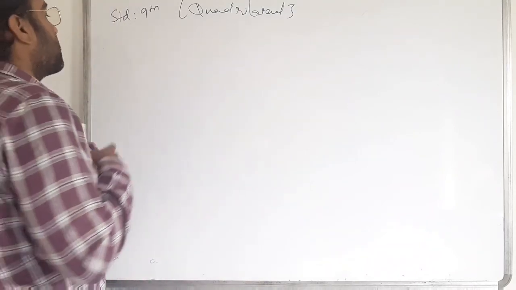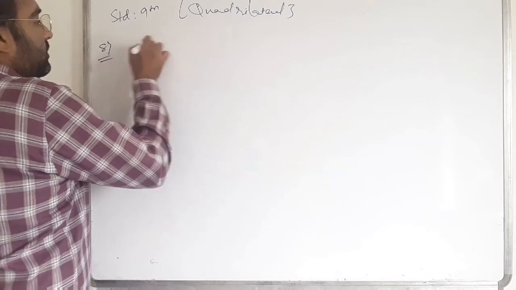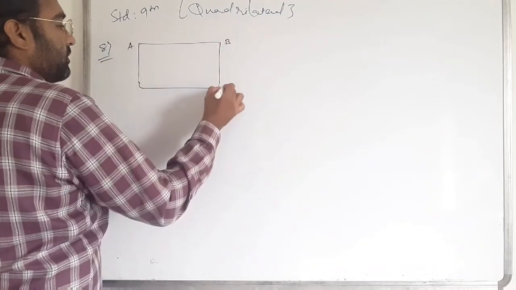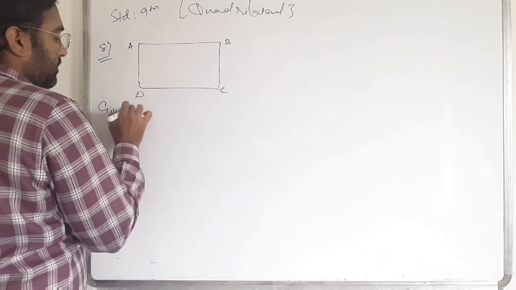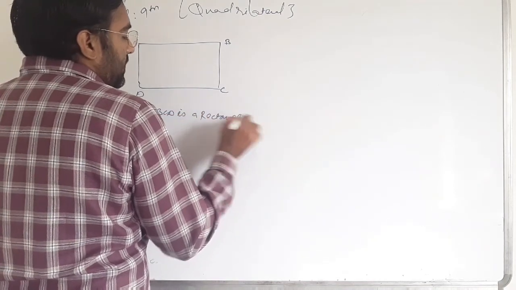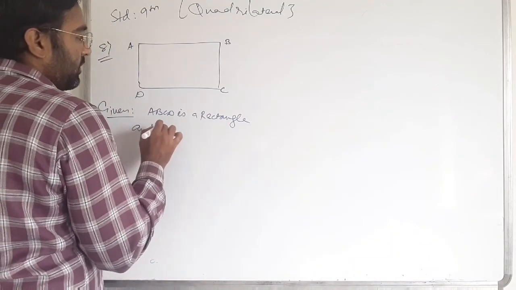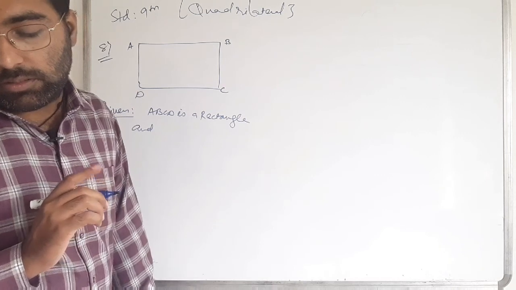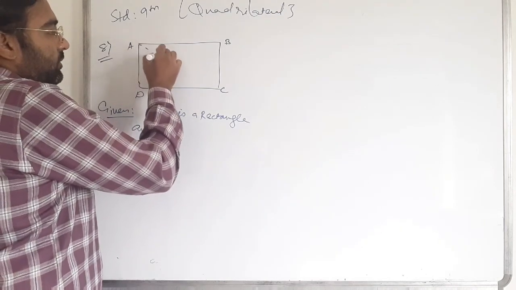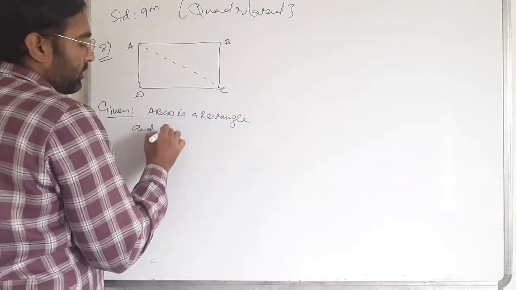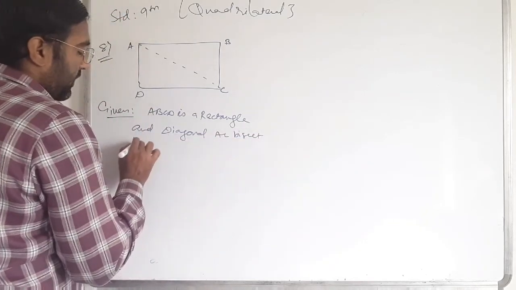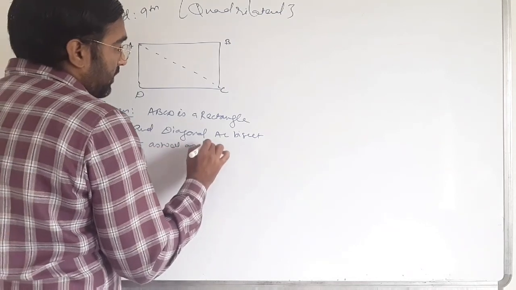Here ABCD is a rectangle, as given, and diagonal AC bisects angle A as well as angle C.